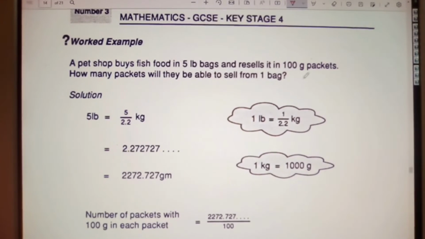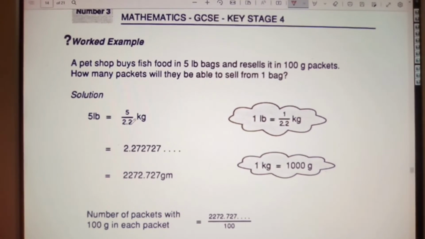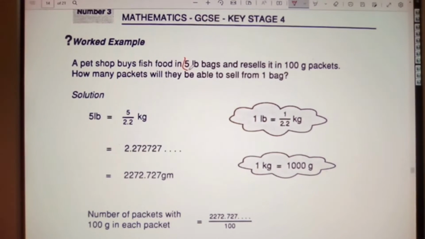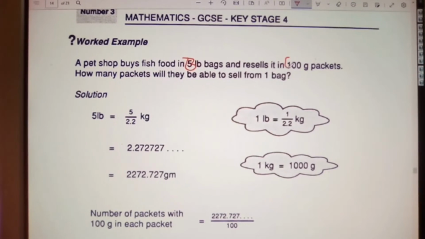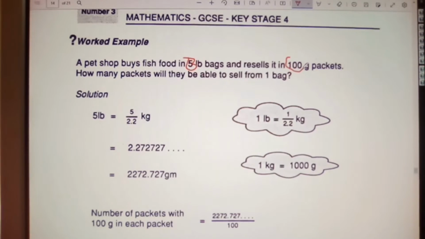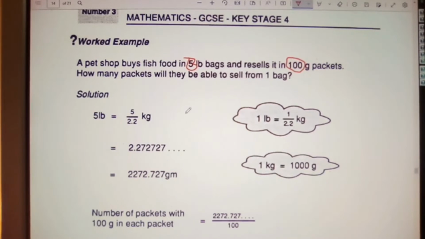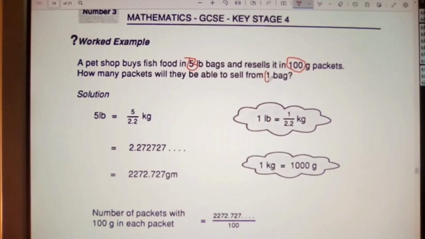So we're going from pounds to grams, and we know there are 2.2 pounds to 1 kilogram. So here's our information. The 5 we need, the 100 we need, and we have the 1 here.